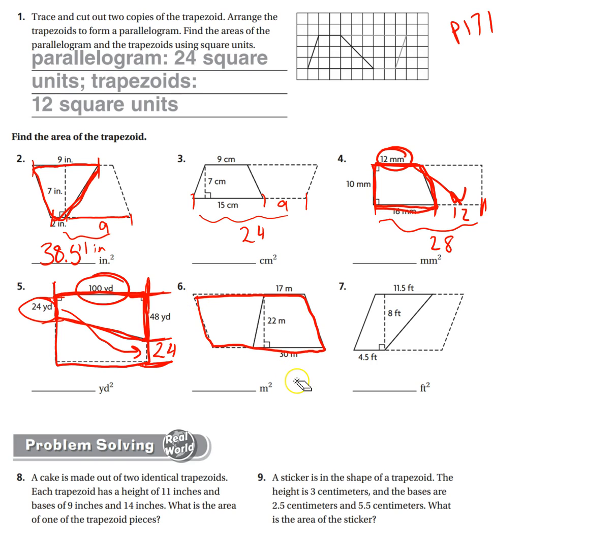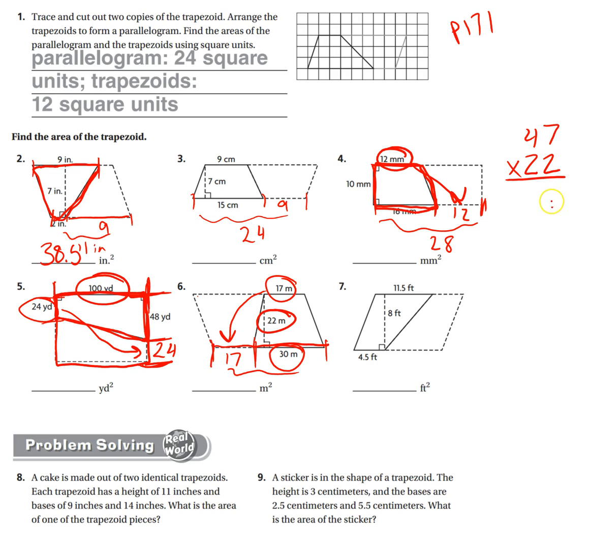The base of this parallelogram is here, which this length they told us is 30, and from here to here we use this length because we're just taking this same trapezoid and flipping it over basically. So this is going to be 17. So 30, the whole length, all of this would be 30 plus 17, which is 47, times the height, 22.